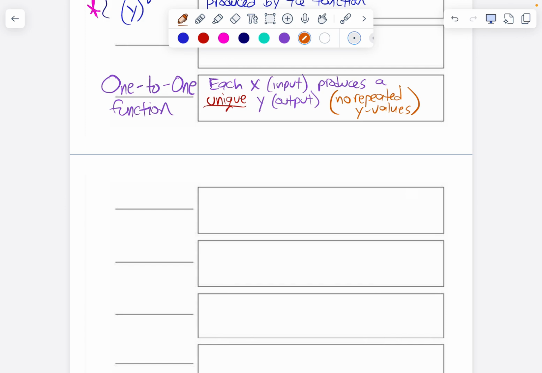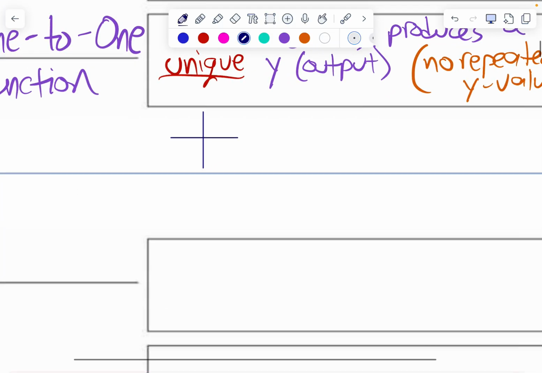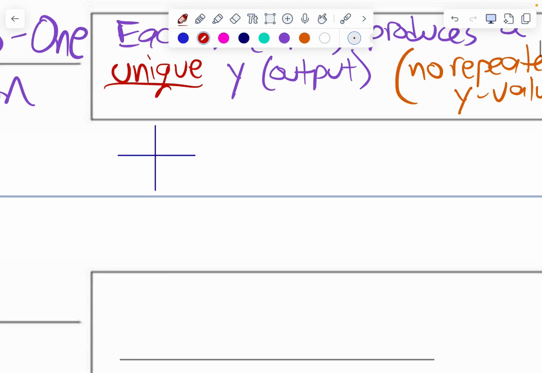So let's give two quick examples. First one we'll do is called an exponential function. We're going to learn that maybe in March, maybe February. It looks like this. Is that one-to-one?